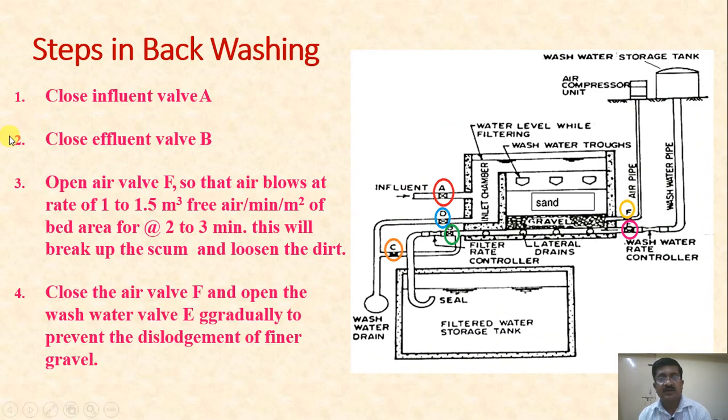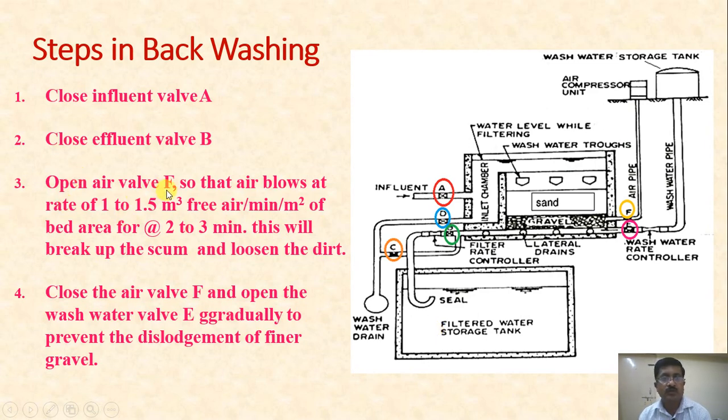Now again let's have a glance at the steps of backwashing. Close influent valve A. This valve A is closed. Close effluent valve B. This valve is also closed, right? So that there is no entry of water in here and no flow towards the filtered water storage. These two valves are closed.